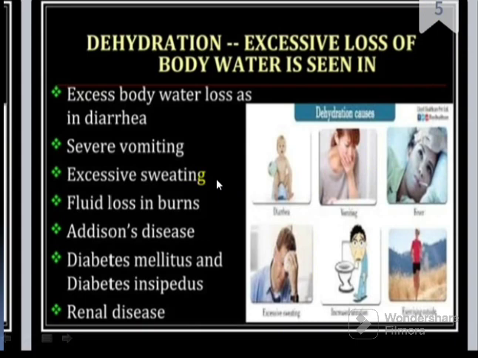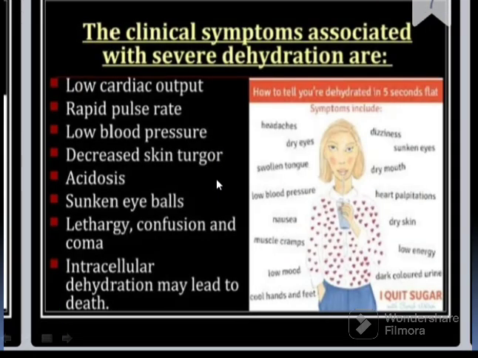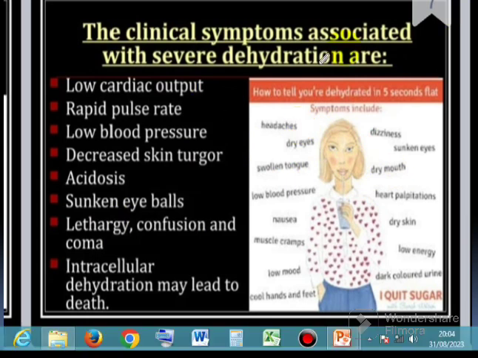Some of the signs of dehydration: number A, low cardiac output. Number B, rapid pulse rates, low blood pressure. Of course, if the cardiac output is low, then the blood pressure will be low.